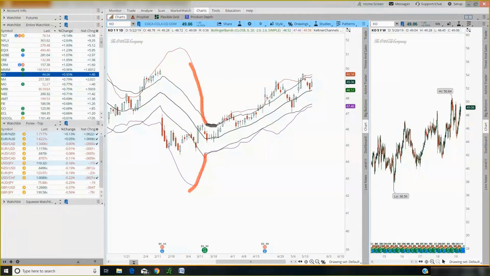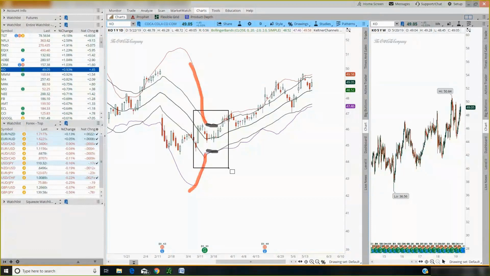Whenever the Keltner channels are inside the Bollinger Bands, that's when price and volatility are contracted. The Keltner channels are measuring the price, the ATR. So when the Keltner channels are inside the Bollinger Bands, that's what he saw as this squeeze, right?